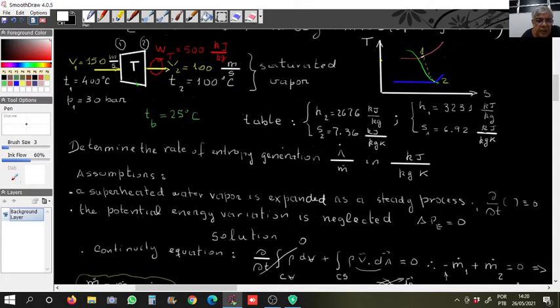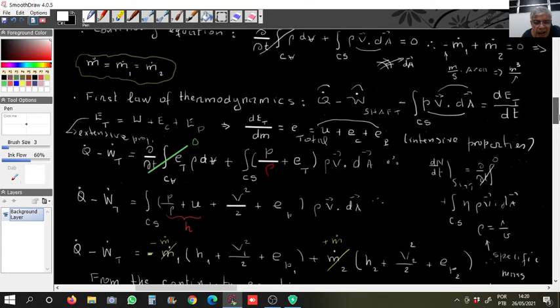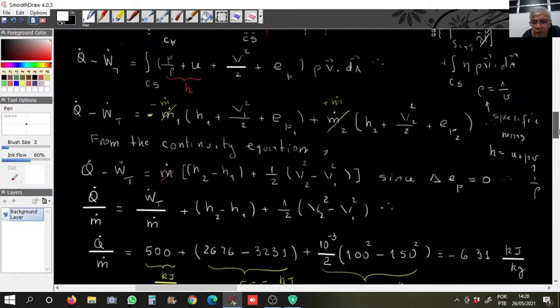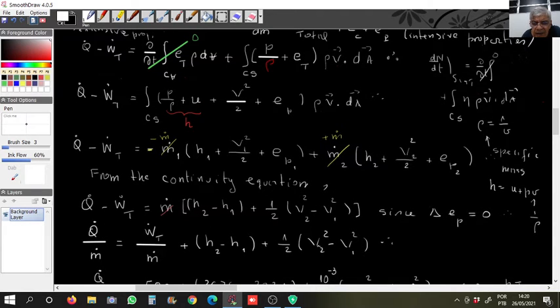That's the system. Now, this is section 1 and section 2. I already set the sign of rho V dA over here, and this is minus m dot 1, and this is plus m dot 2.